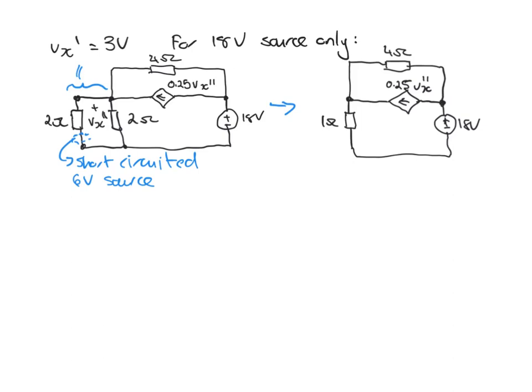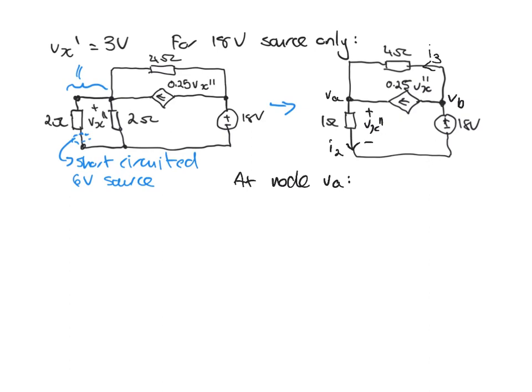So the two 2-ohm resistors in parallel become a 1-ohm resistor, and the voltage here is still Vx double dashed. And let's, for the purposes of analysis, call the current flowing here I2, and we'll call this current I3, and let's call this node VA and this node VB.